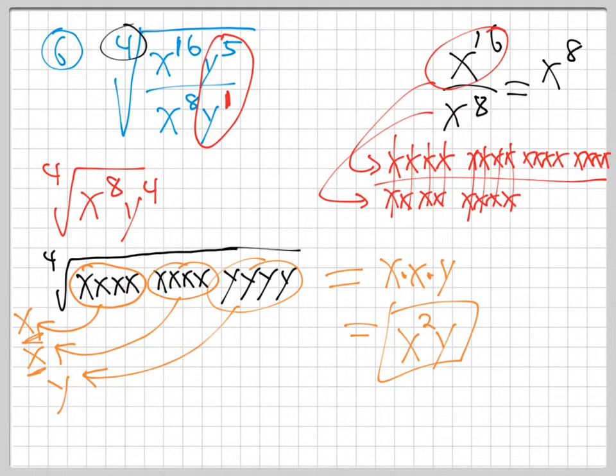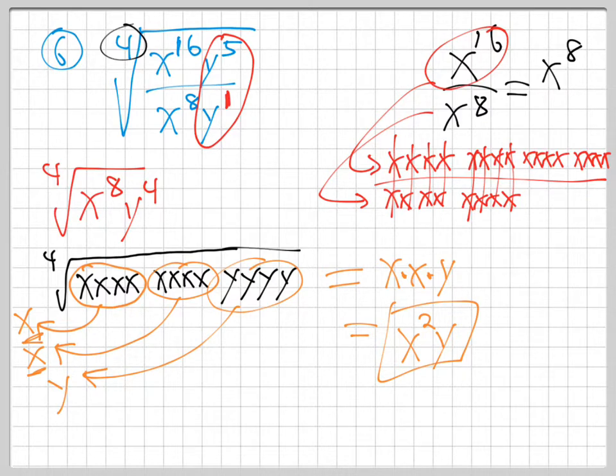If I'm at Target looking at candy bars and they're 4 for 1 today, and I grab 8 candy bars, how many am I going to pay for? 2, right? 1 for the first 4, 1 for the next 4. So it's just dividing, isn't it? That's all we're doing. 2 x's come out, 1 y comes out. Good. Other questions on that one?